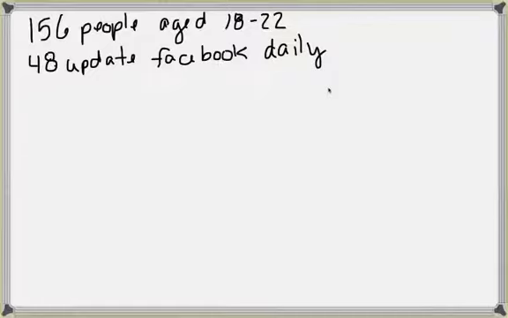Now, this is just a sample. We surveyed only 156 people aged 18 through 22. So can we use this to determine what proportion of all 18 through 22-year-olds update their status daily? And the answer is no. So we can't actually calculate the true value of P, but what we can do is calculate P hat, which is our sample proportion.